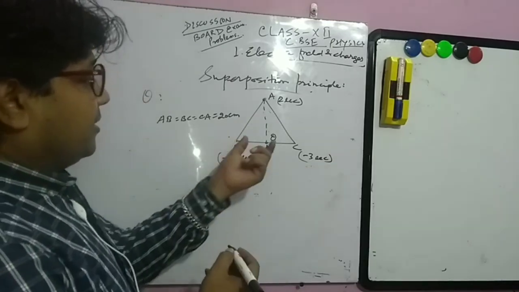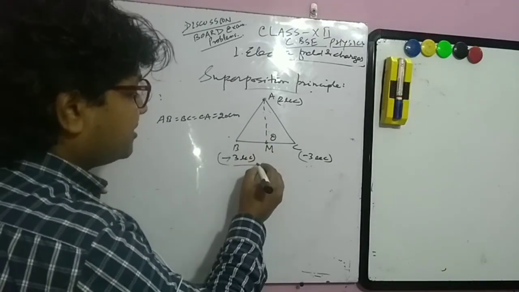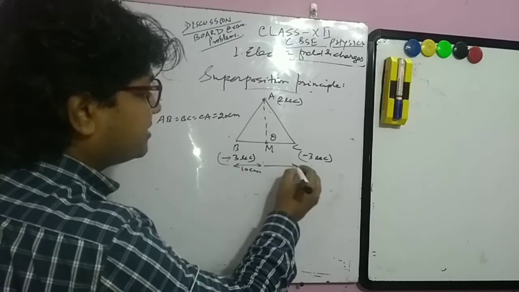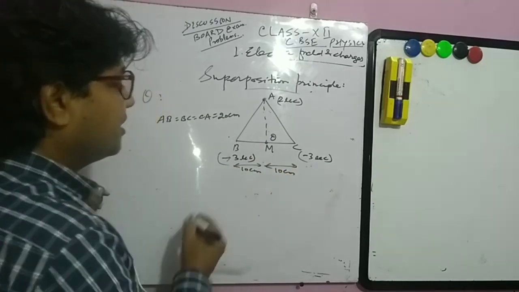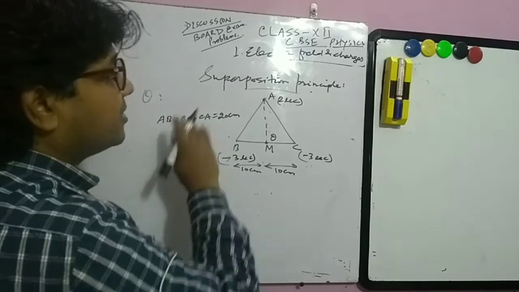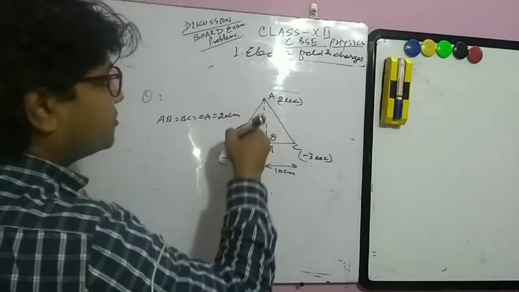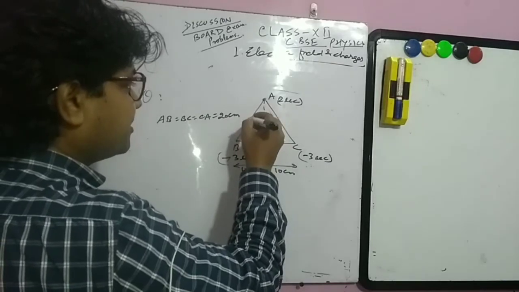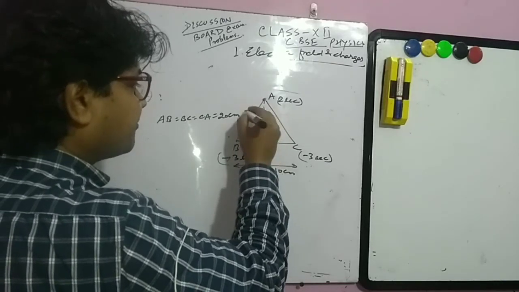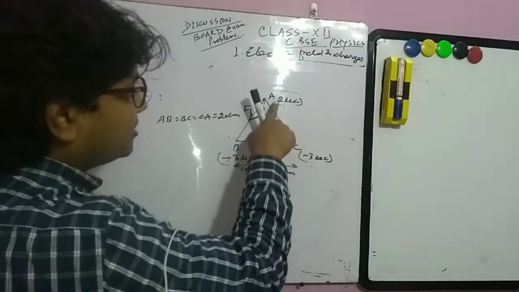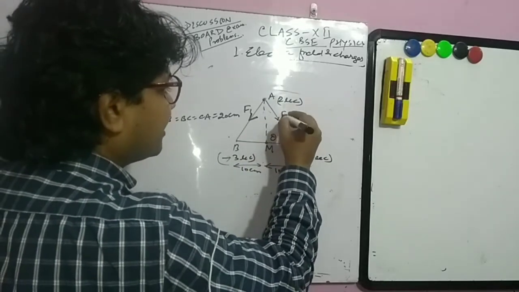Look, this is the middle point, so this distance will be equal to 10 centimeter, this distance will be equal to 10 centimeter. This is negative charge, this is positive charge. So what we are getting here is a force of attraction. So force of attraction means we are getting a force of attraction F1 here, and this is positive and negative, so we are getting F2 here.